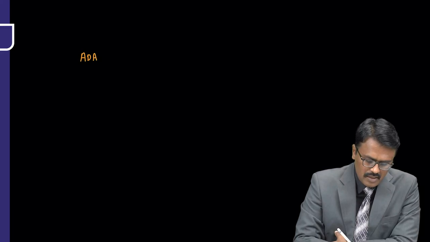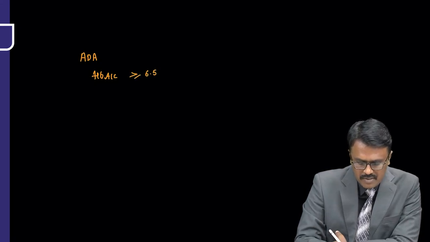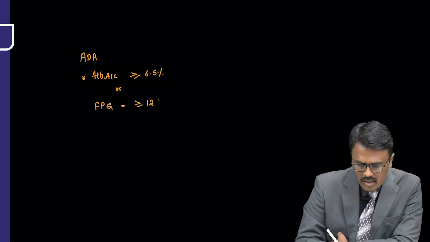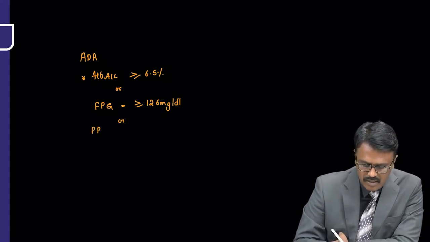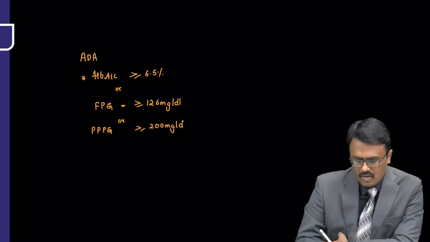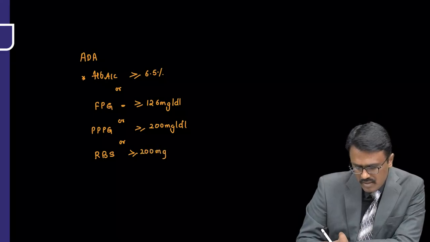The diagnostic criteria for diabetes according to the American Diabetes Association is if the HbA1c, that is glycated hemoglobin, is more than or equal to 6.5%, or if the patient has fasting plasma glucose more than or equal to 126 mg per deciliter, or postprandial plasma glucose more than or equal to 200 mg per deciliter, or one more criterion, if they have done a random blood sugar, it is more than or equal to 200 mg per deciliter.